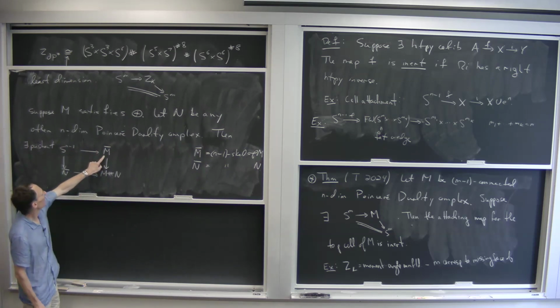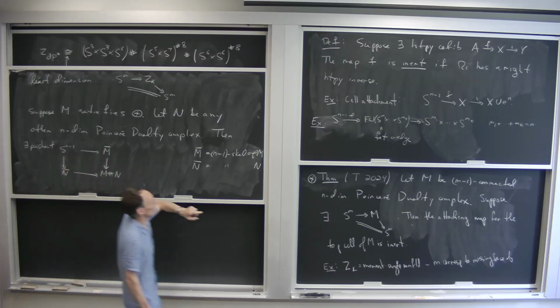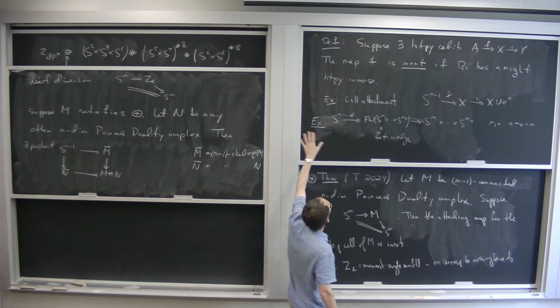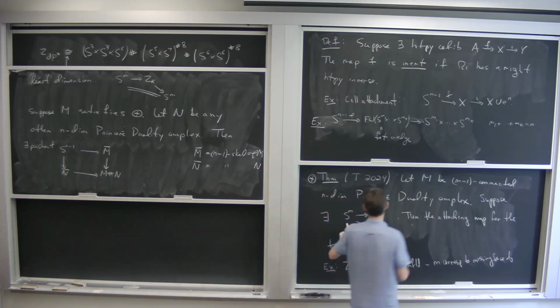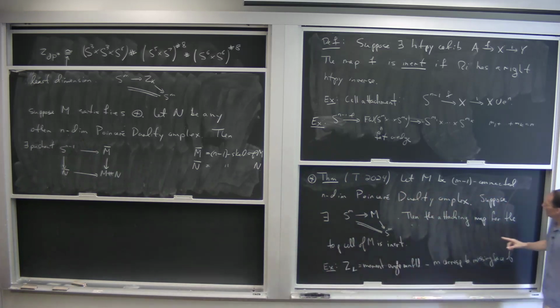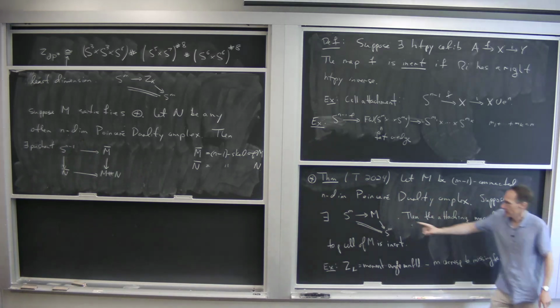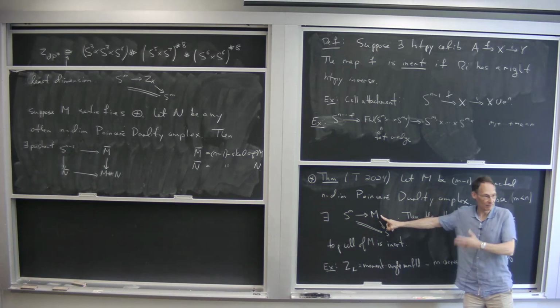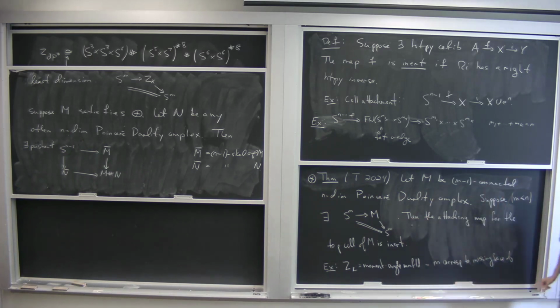Think about M. So M satisfies this nice property. I should have said here, I really want M less than N because I don't want M to just be a sphere.